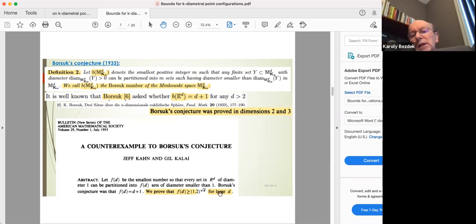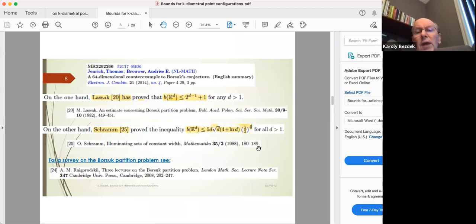I'm just highlighting here from the abstract the part which helps to understand that in large dimensions, this number has to be exponential, 1.2 raised to the square root of d, so it's much larger than d plus 1.